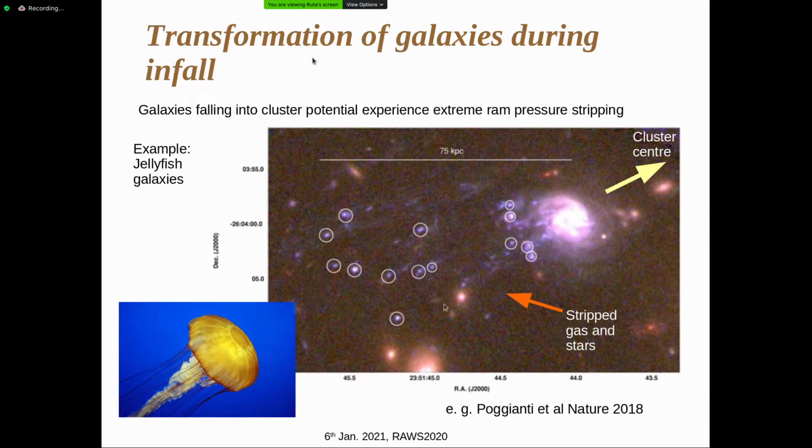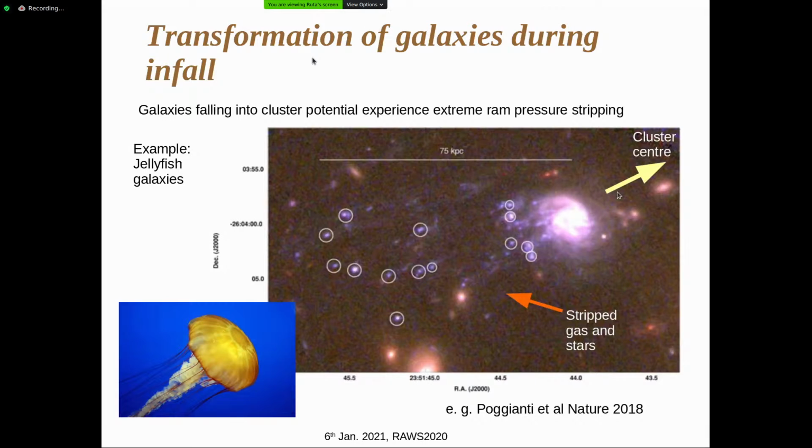This particular galaxy is moving towards the cluster center, which is in that direction. And this beautiful optical image is showing you this trail of stars and gas left behind by this galaxy as it is falling towards the cluster.